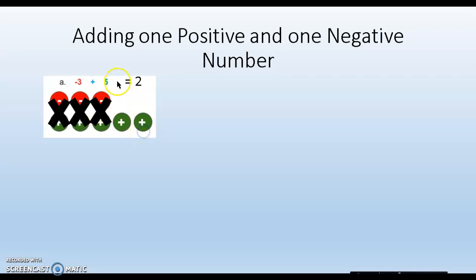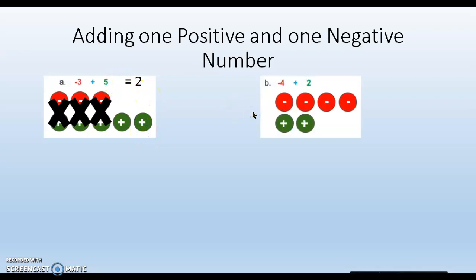What we have left are 2 positives, or 2. Let's look at this one. We have 4 negatives and 2 positives. Well, this is a 0 set, and that's a 0 set, because 1 negative and 1 positive is 0. What do we have left? 2 negatives. So -4 plus 2 is -2.